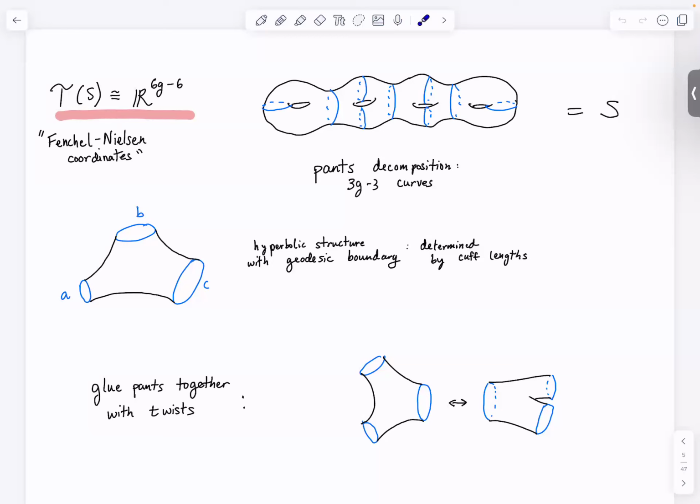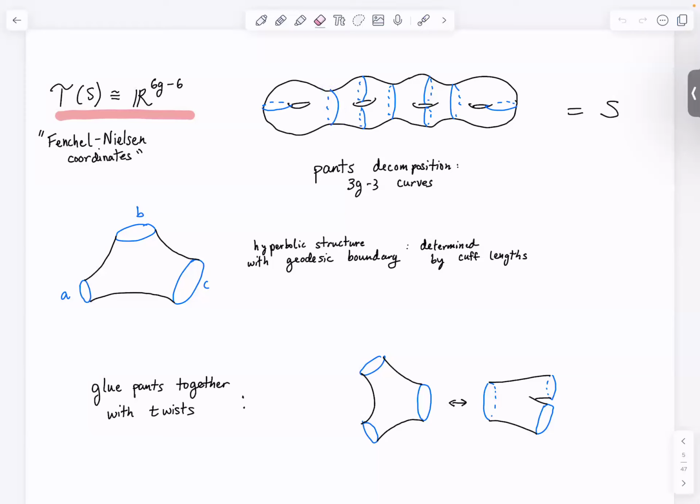So you put a hyperbolic structure on each pair of pants, then you stick them back together in the pattern that you started with. When you do that, there's a 1-parameter way to glue them together called a twist. You can glue them and then twist. That gives you another degree of freedom. So essentially for each curve in my pants decomposition, I get to choose a length and a twist.